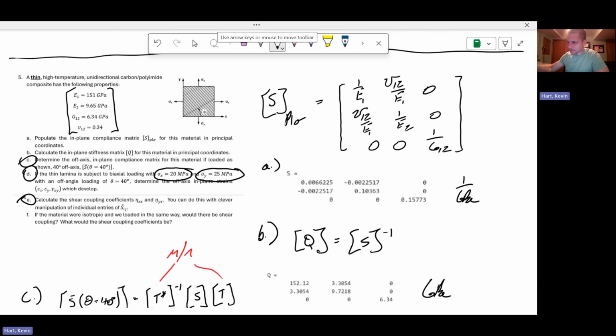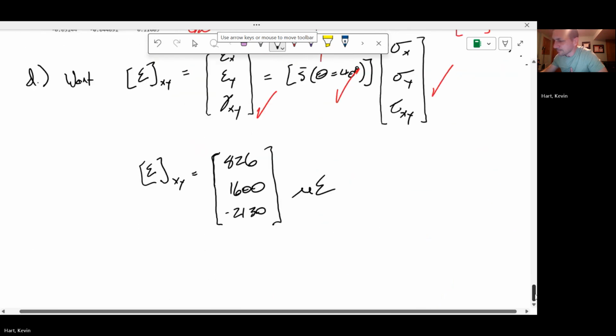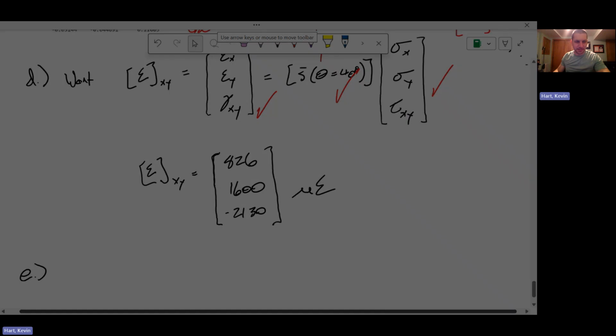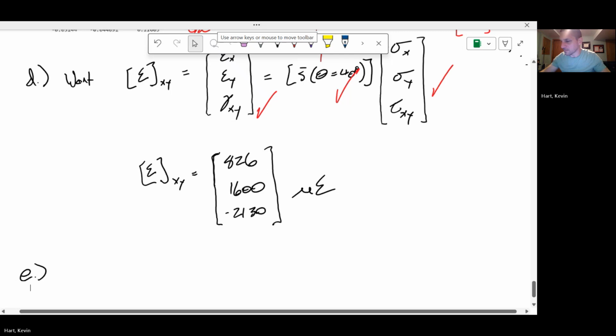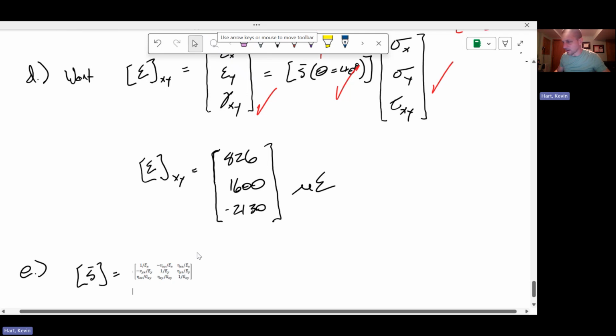Calculate the shear coupling coefficients. You can do this with clever manipulation. All right. So remember what the full off-axis compliance matrix looks like in terms of engineering properties. Again, coming from your equation sheet.